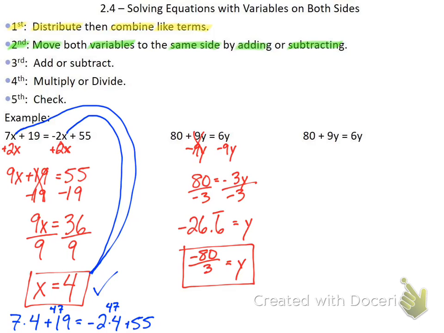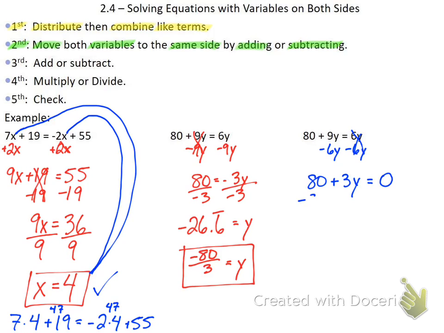The other way to do this is if you didn't want to move the 9y, you could move the 6y, which most of the time we usually move the one that's smaller, but we just need to be careful. So if I subtract the 6y over to the other side, I get 80 plus 3y is equal to, and I always have to have an equal sign if I start with one, so on the other side I have to have a number, which in this case is going to be a 0.